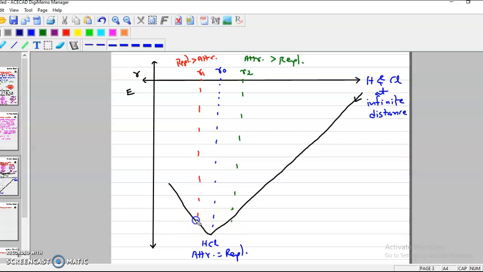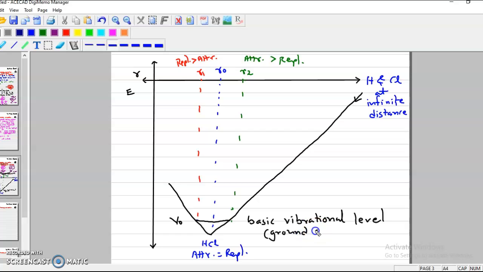So this way hydrogen and chlorine will vibrate between R1 and R2, and therefore this is known as the basic vibrational level, between which atoms within a molecule keep on vibrating without absorption of energy, and so it is also called the ground state.